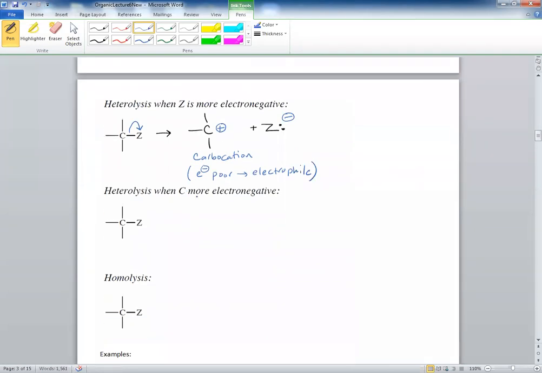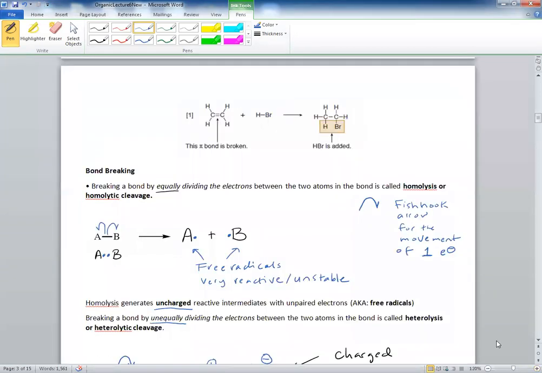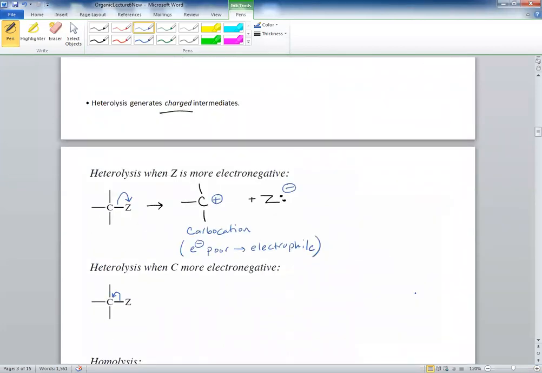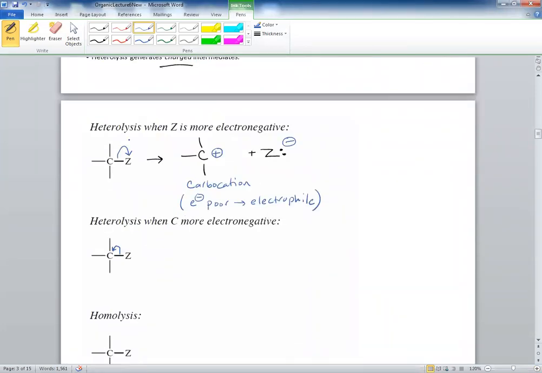Okay, now what if C, I meant C, is more electronegative? So your arrow now would go toward C. Notice how I'm drawing it from the bond to C. It can't be anywhere else. It can't go on the other bond. It can't go from that bond to the middle of the bond. Makes no sense.